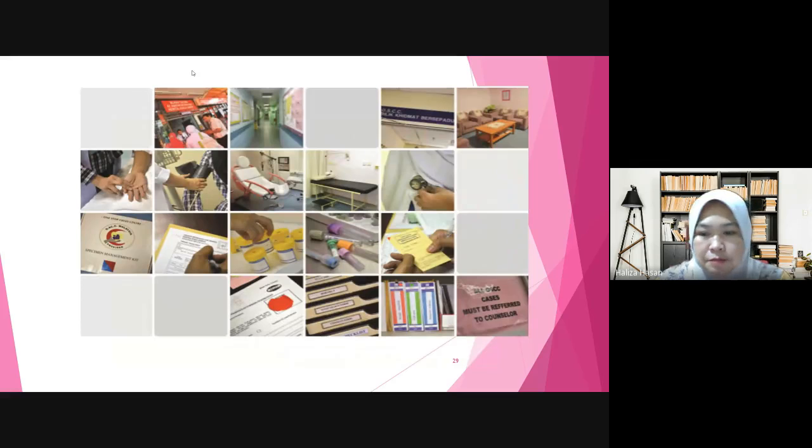So this is an example of how it is at the OSCC, the one stop crisis centre. There will be rooms to do counselling and initial treatment, so all the investigations, blood or urine, and any related samples will also be collected.